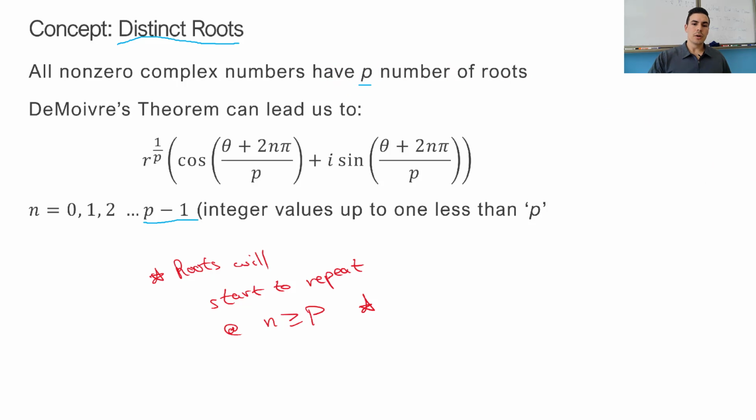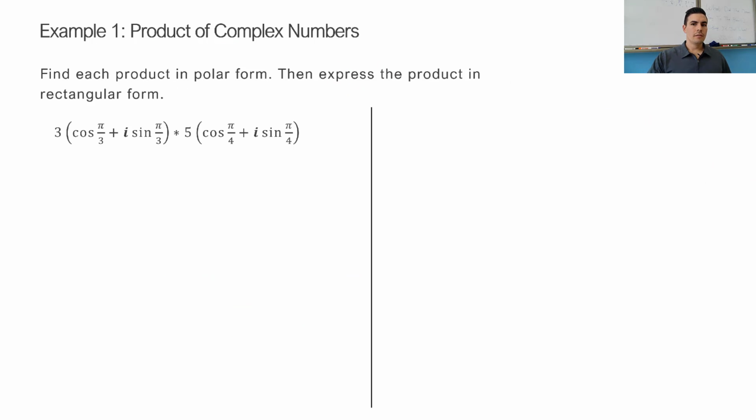So let's go ahead and get into our examples. First one, we're going to find the product of these complex numbers. So we can just go ahead and use our product formula. That's going to be r1 r2 cosine theta 1 plus theta 2 plus I sine theta 1 plus theta 2. And we've got our r1 is 3, r2 is 5, theta 1 is pi over 3, and theta 2 is pi over 4.